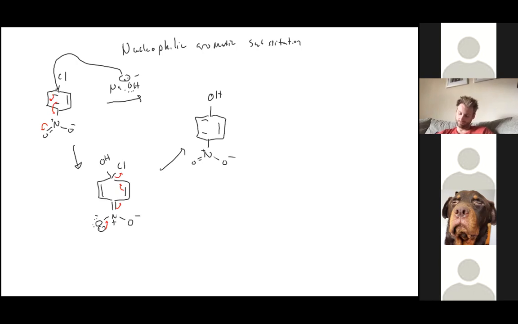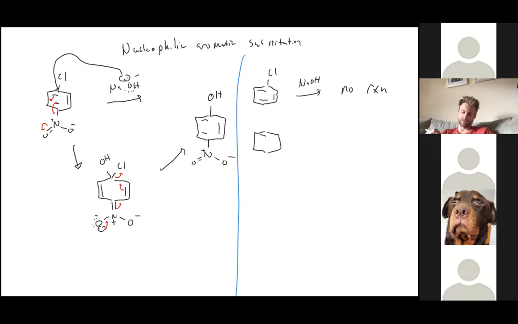If we don't, we're going to get no reaction. Same thing if it's meta. You do your resonance arrows and it's meta, it actually never gets to the nitro group.